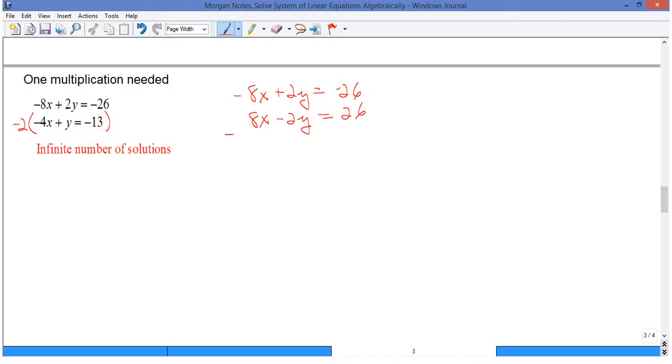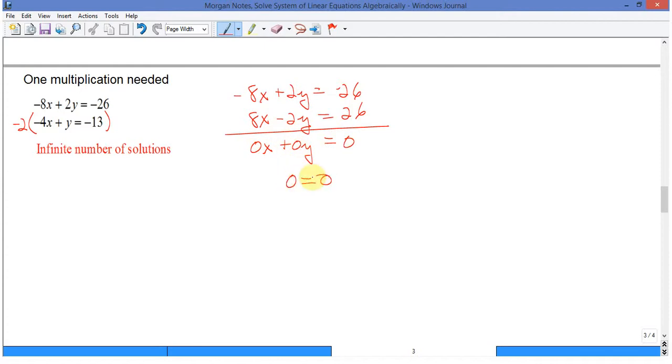Let's add those together. So negative 8 plus 8 is 0x. Negative 2 plus 2 is going to be plus 0y. Negative 26 plus 26 is going to be 0. So the whole left side, 0x plus 0y, is going to be 0 equal to 0.